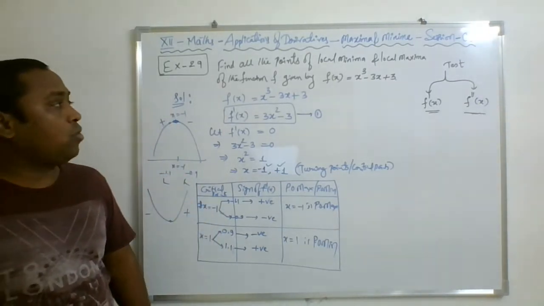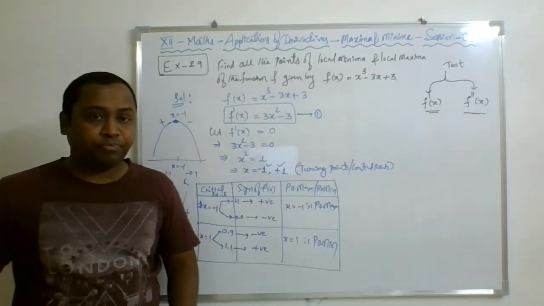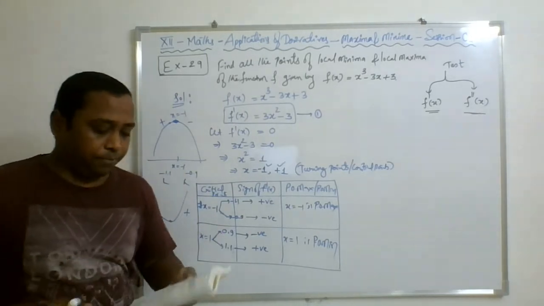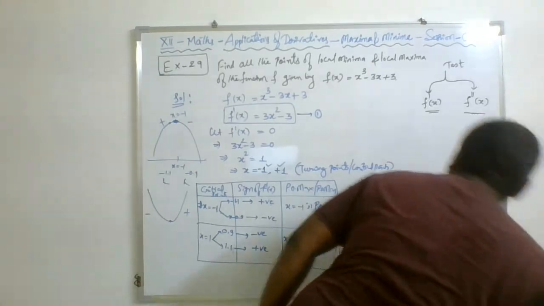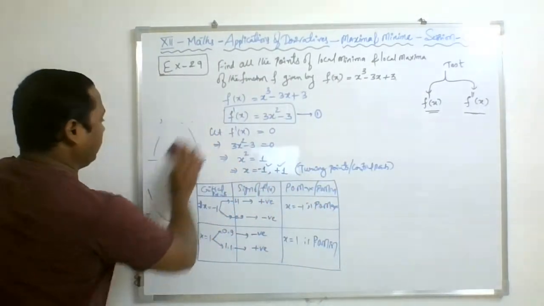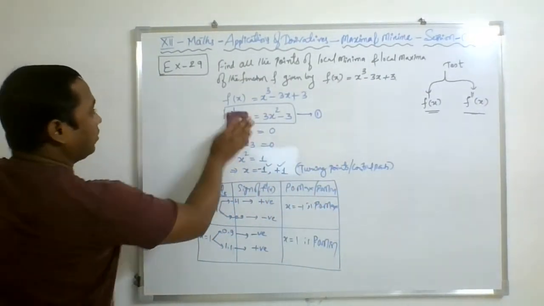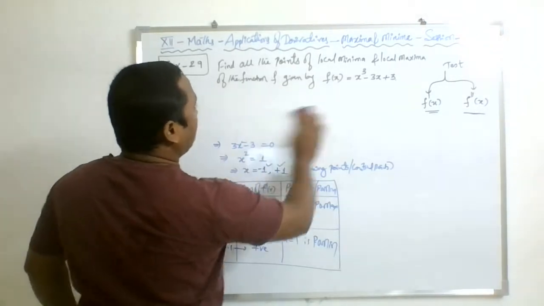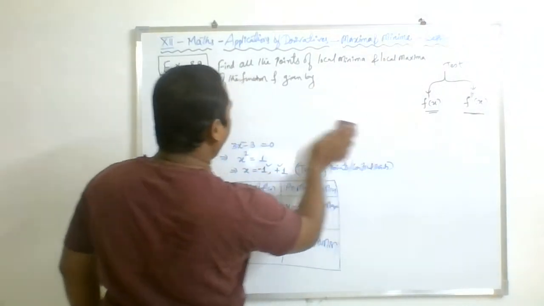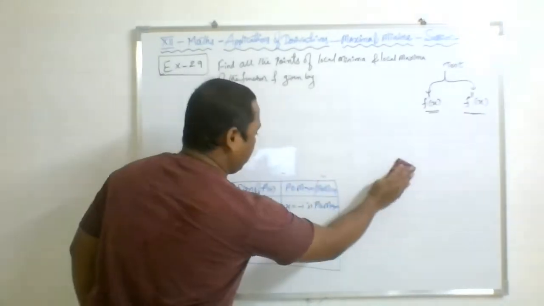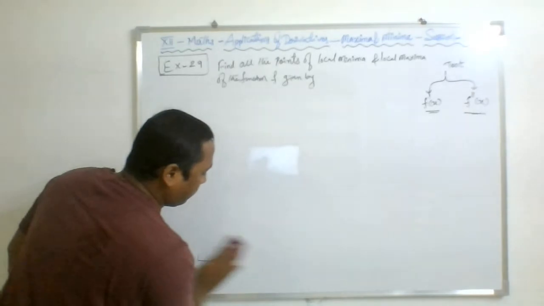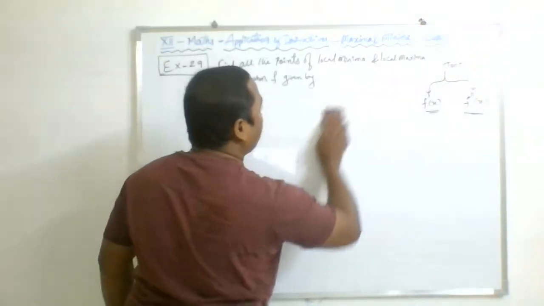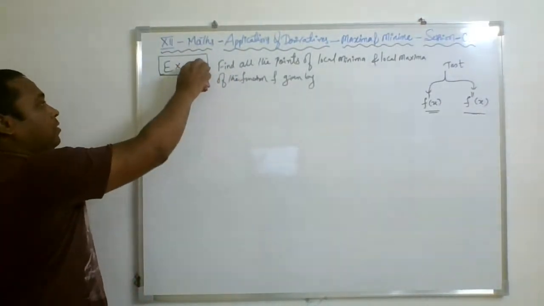So now we'll go with another question. Same, only the function will change, the question will remain the same. The whole method will remain the same. We take the derivative only once because we are using the first order derivative test.